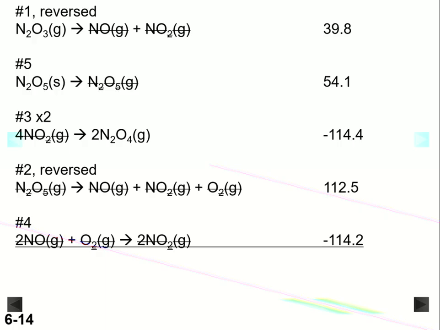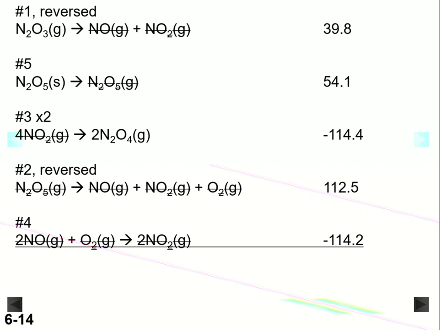I've crossed out all the reagents which are equivalent on reactant and product side in total. So for example, there's 4 moles of nitrogen dioxide coming from the third line, and we have 2 moles of nitrogen dioxide coming from the last line, number 4, and then 1 mole coming from the second last line, that's number 2, and then from the first line, that's number 1.